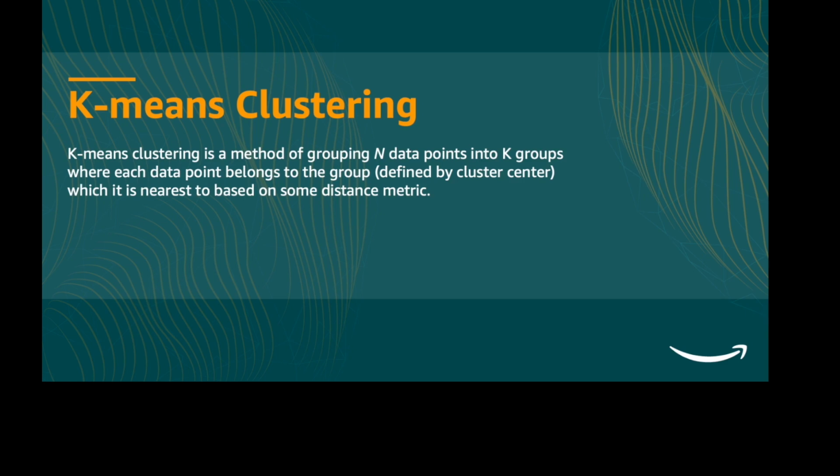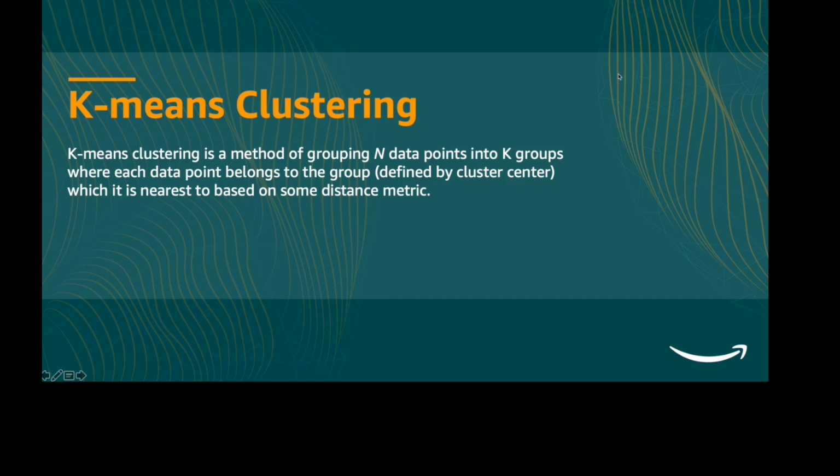Suppose you are given n data points. The objective is to get k clusters such that data points that belong to the same cluster are nearest to each other, given some distance metric, and data points that belong to different clusters are far apart according to the distance metric that we have chosen.